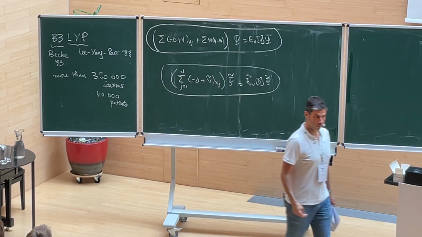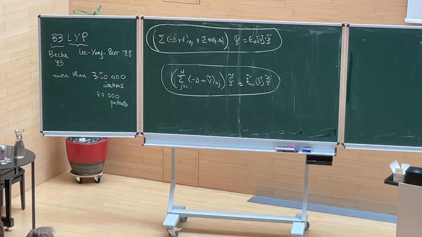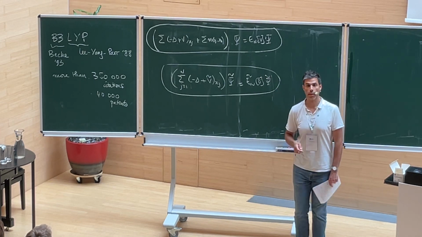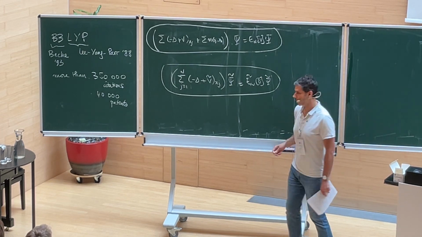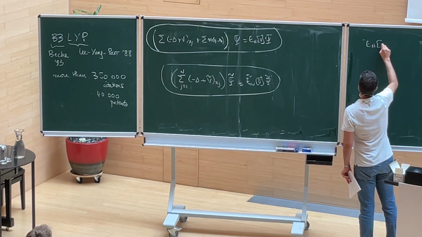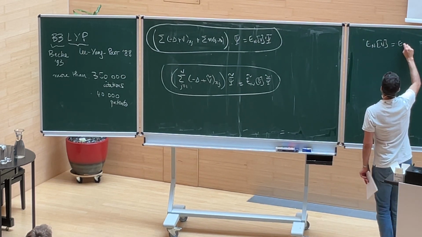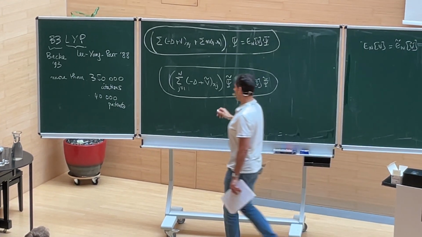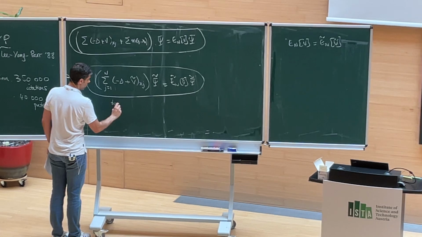Now we want the non-interacting problem to represent correctly the true interacting problem. What does that mean? One thing we could do first is to ask that the energies are the same. So let's put the constraint that E_N of V is equal to E_N of V tilde.